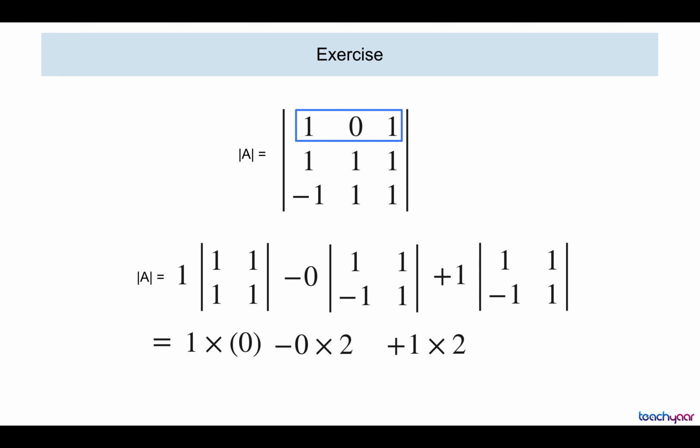And what you get is that, right? So very simple, right? And because you've just stuck to the first row, the signs are very simple. There's no question, there's no doubt. You've just started with plus, minus, and plus, and you're done.